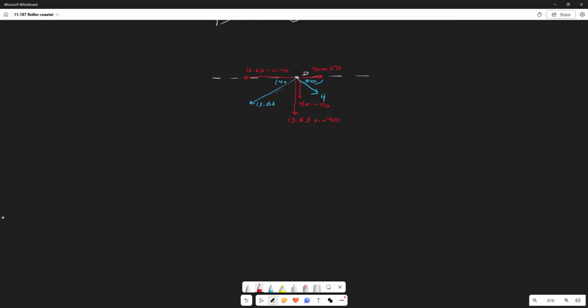So we can now express the x component of the acceleration. We'll call that a sub x. It will then be 4 cosine of 50, it's positive going to the right, minus 13.63 cosine of 40. Let me just work that math out. If I work out that math, I get negative 7.87. And the y component of the acceleration, they're both down, so they're both going to be negative.